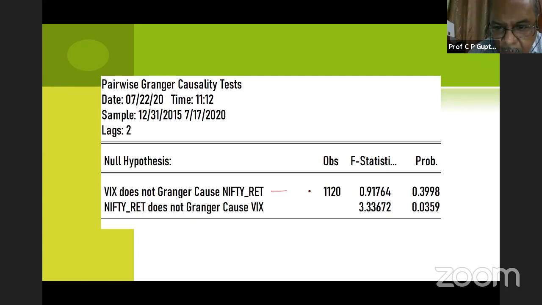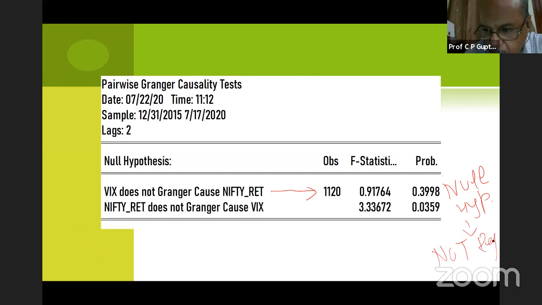See, null hypothesis not rejected. But Nifty does not Granger cause VIX. This is rejected.